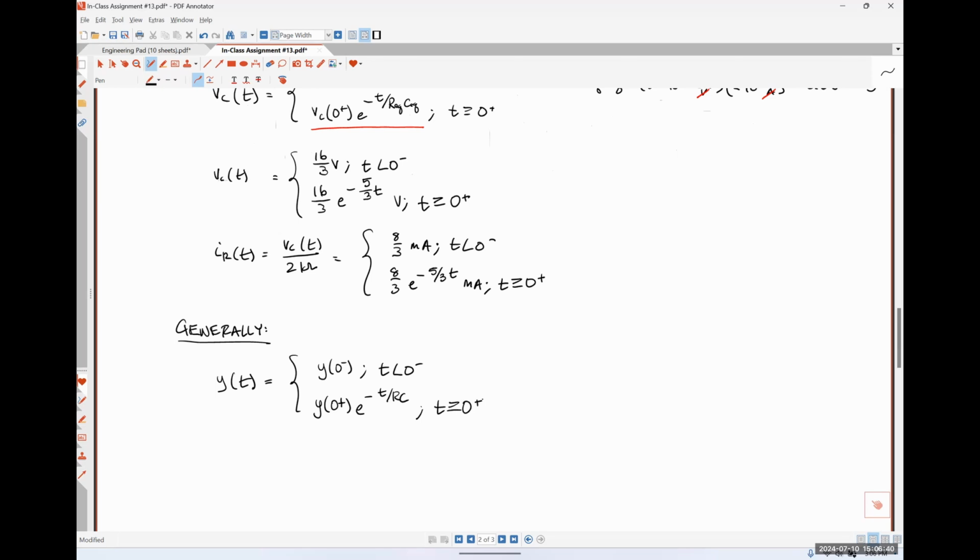Meaning that we don't necessarily even have to do any circuit analysis.